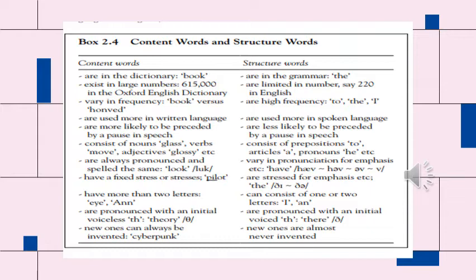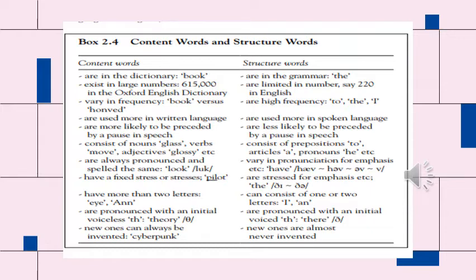Content words have more than two letters, while structure words can consist of one or two letters, such as I, which is the letter I, and an, an article.